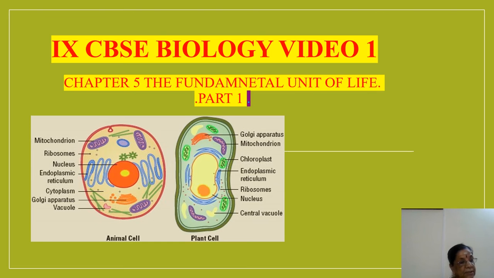And then in 1838, Schleiden and Schwann developed the cell theory. The cell theory states, as I said in the earlier session of this video, there are 3 points. All living things are made up of cells.